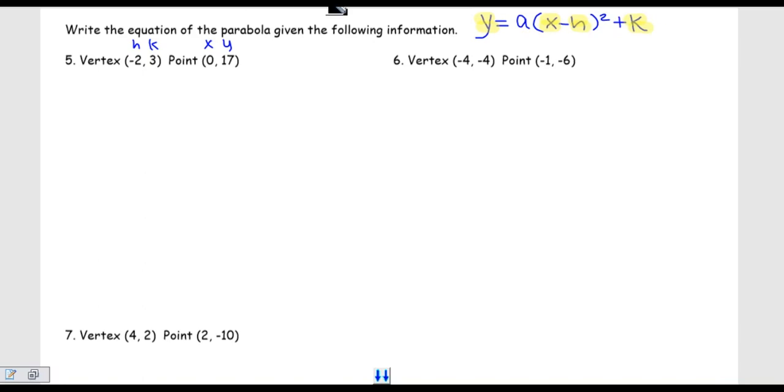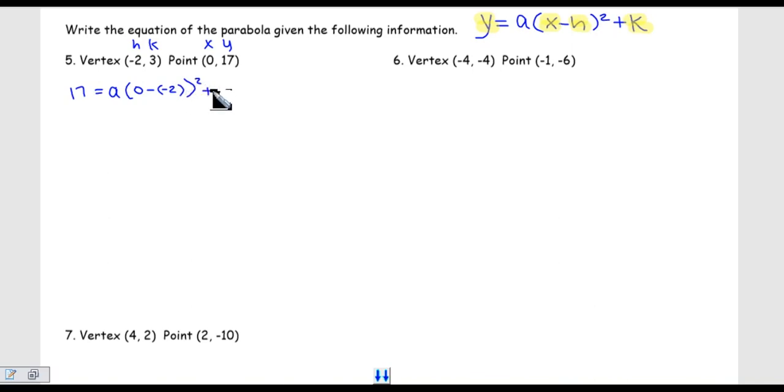So in step number 1, we're going to fill in these 4 items. Now notice, don't forget this minus sign. When we plug the h in, we need to use parentheses around that h. So I've got y is 17 equals a. My x is 0. My h is -2.